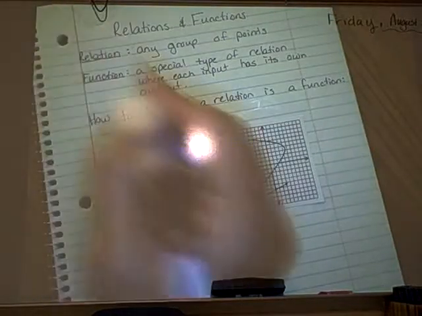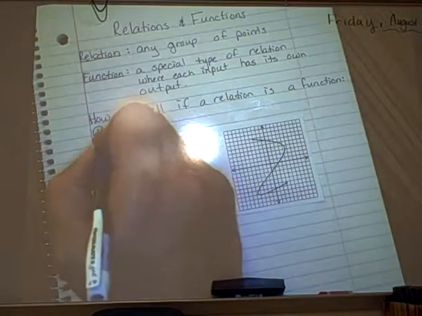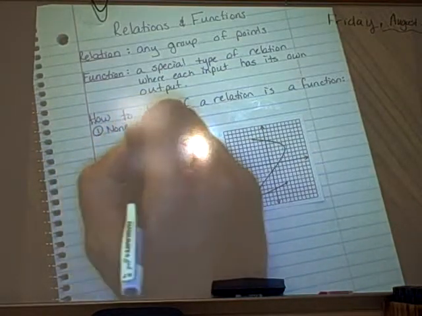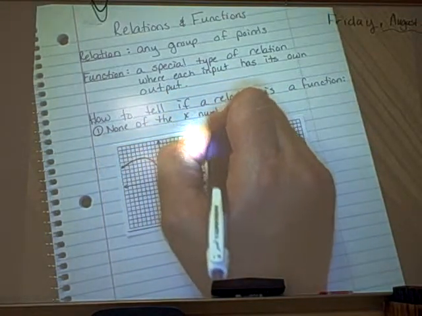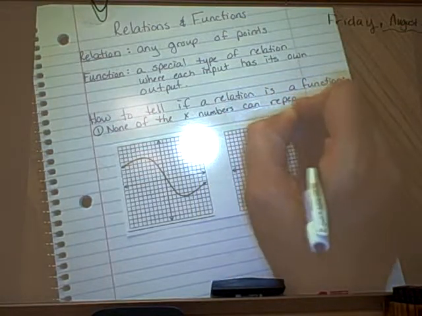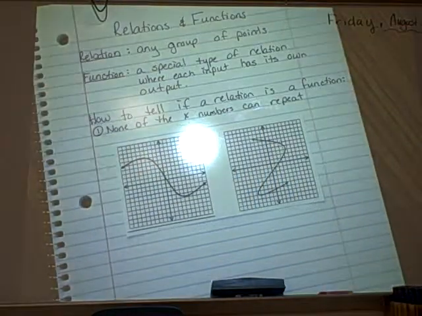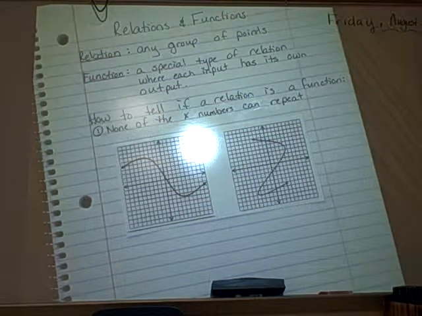There's two basic ways. The first way, none of the x numbers can repeat. When you have a whole list of points, you know the first part of the point is the x and the second part of the point is the y, right? You remember studying that the last few years? When I name a point, it goes x comma y.